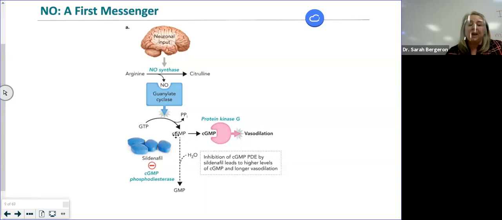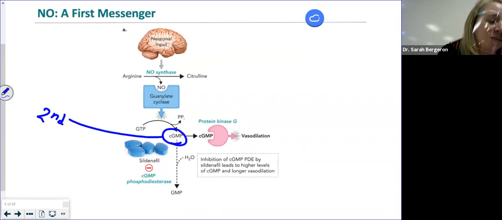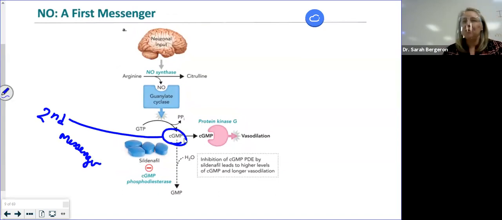A lot of times we have second messengers like cyclic GMP. This is an example of a second messenger, right? And what's the role of a second messenger? To link things, and to amplify the signal. Okay, so that's what we're looking to do.